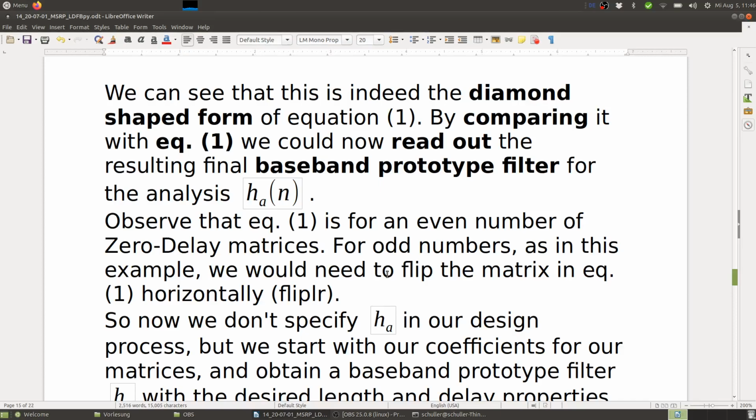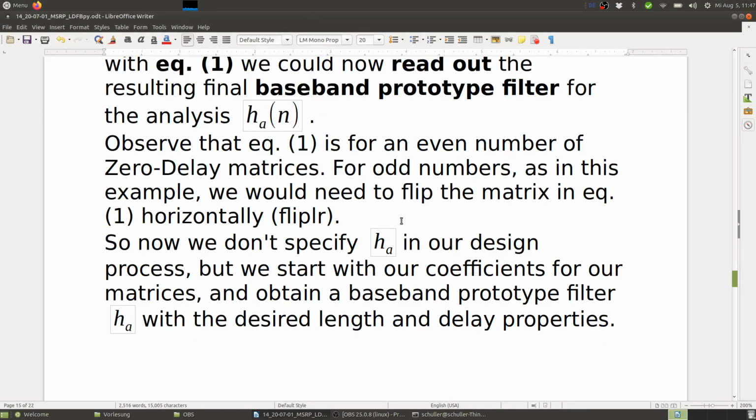Because remember, we continue on the left side and on the right side, and so first we have the highest coefficients on the left side, and then the highest coefficients on the right side, and that's why we need to flip it depending on if we have odd or even numbers of zero delay matrices. But that becomes obvious when you do the comparison.